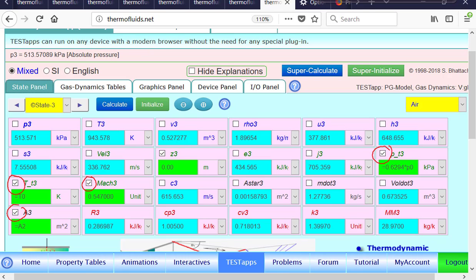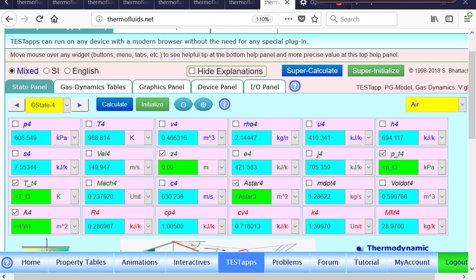Again, the mass flow rate must be the same as m dot 2, m dot 1, etc. Finally, to get the final state, we go to state 4. What do we know there? Again, the area is given, 4 times the throat area. Total temperature we could set to T0, it never changes.